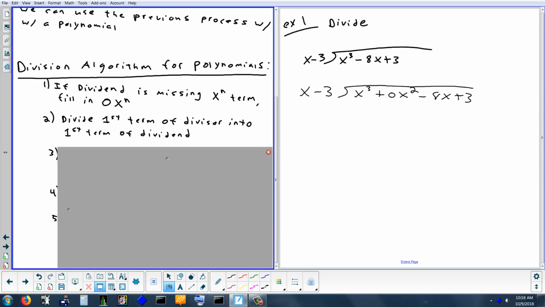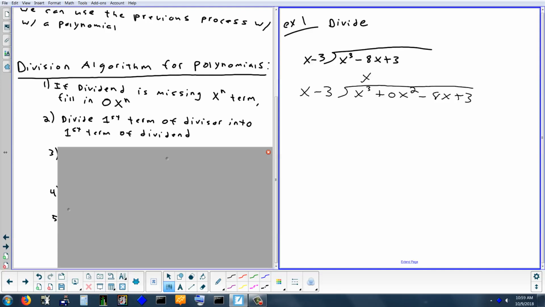Right, so what do you get if you divide x cubed by x? Oh, Jacob? What do you get if you divide x cubed by x? You get x squared. Yep, you get x squared. Doesn't matter where you put it, you just put it up above. That's all you do in step 2. Divide x cubed by x, put the answer up above.